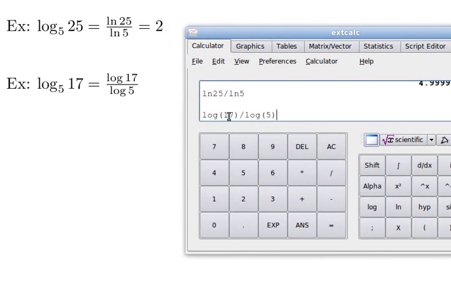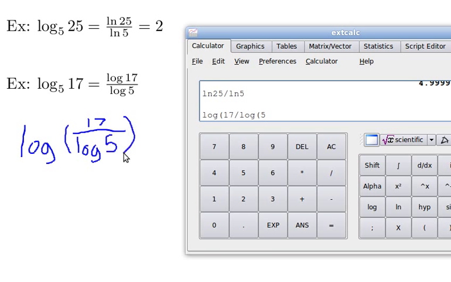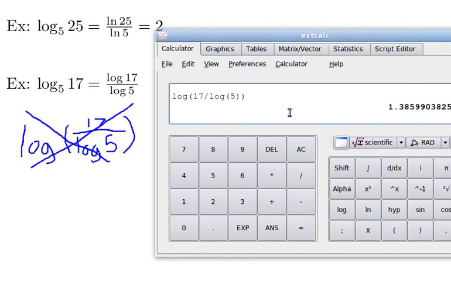Because if you don't have that closed parentheses, if you have it written out like this, it's kind of important, this is going to say log of 17 over log of 5, and that is complete nonsense, and your calculator is going to spew out something really weird. In fact, let's see what it shoots out. It'll give us 1.388 and so on. But now let's do the correct answer and see how it comes out.